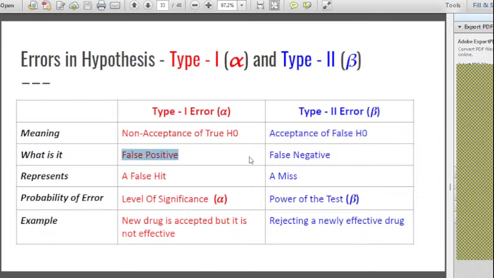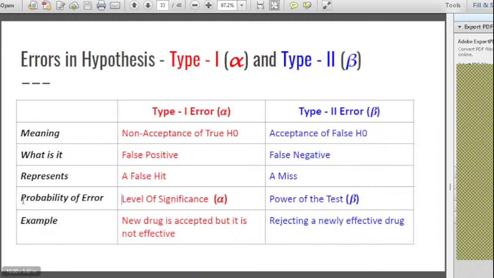False positive, false negative. False positive represents a false hit, you are wrongly hitting. False negative is a miss. You miss the positive and you go with the wrong negative.